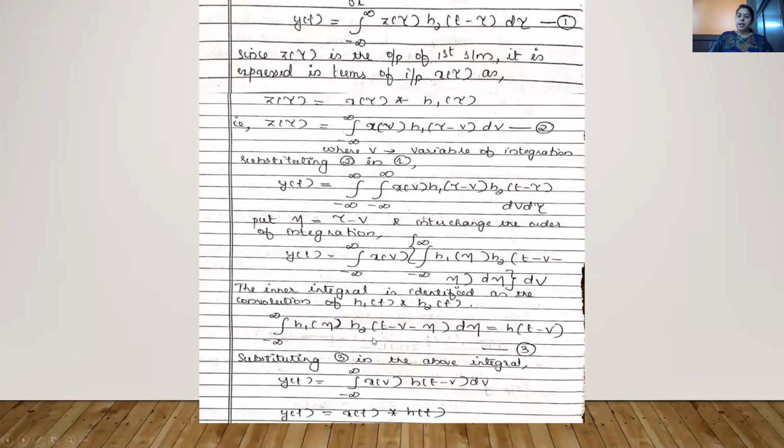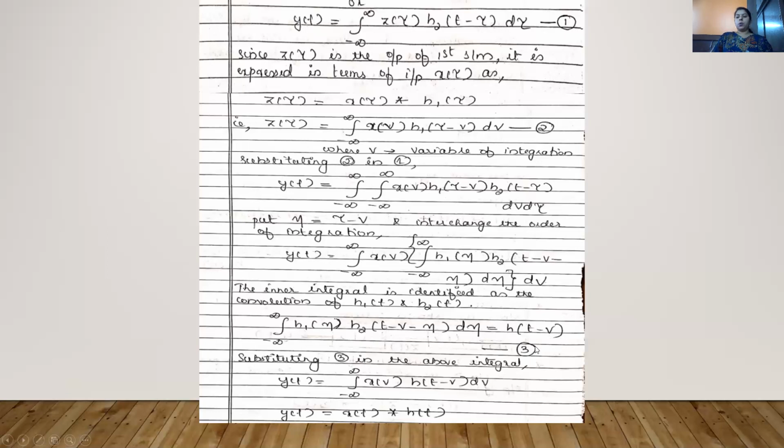So obviously here you see, the integral of h1 of eta, h2 of t minus v minus eta d eta, I can write it in terms of t minus v, isn't it? Instead of y, here I'm going to assume this thing as h. So simply I'm writing h of t minus v.